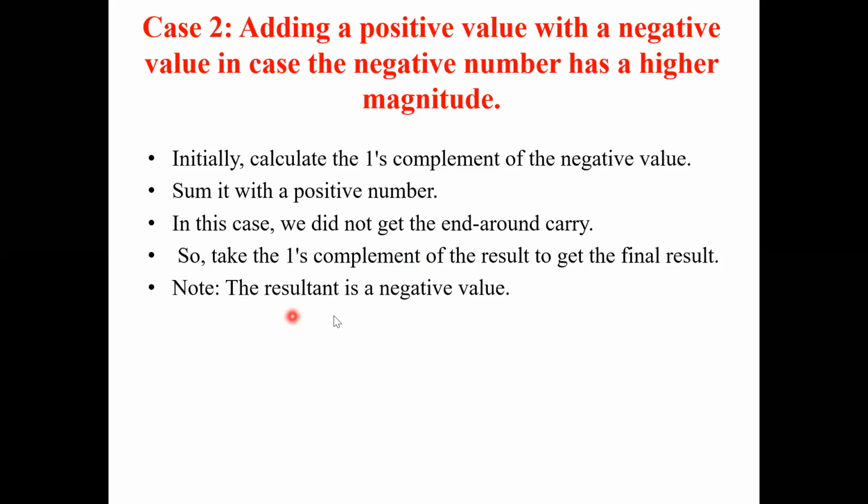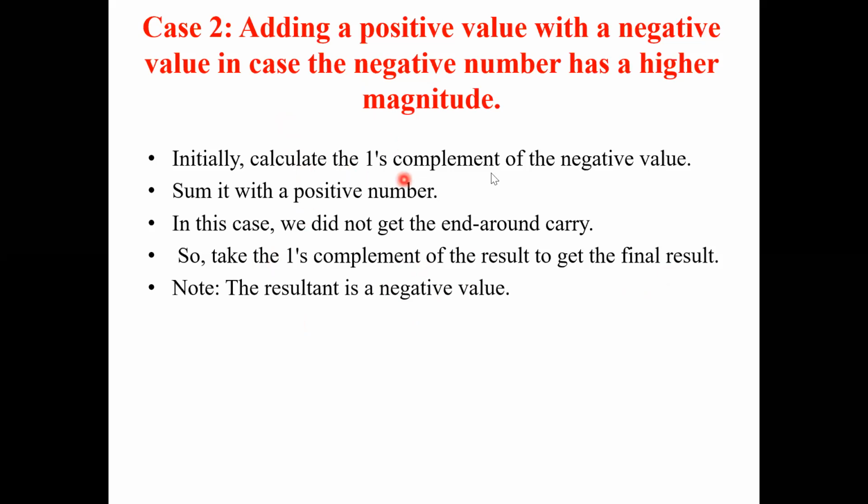But remember, the answer is a negative answer because we are adding a more negative number to a positive number. If I am doing 3 plus of minus 5, my answer is minus 2. Okay, so it is a negative value. So this is the step.